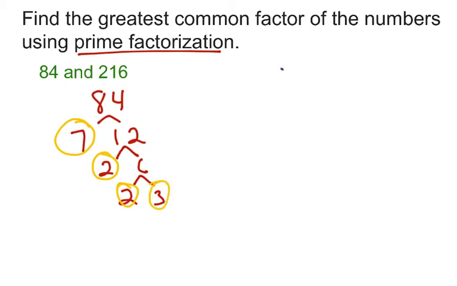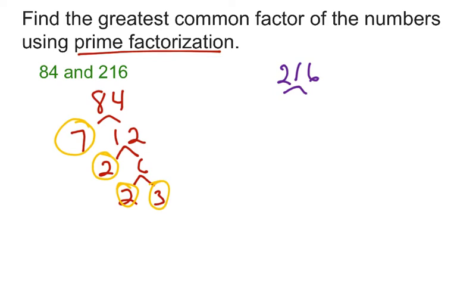Now let's do our prime factorization of 216. There's different ways you can break this down, but you might notice that 216 is even, so you can definitely divide it by 2. Also, you might notice that the last 2 digits are 16, so that means it's divisible by 4 as well.